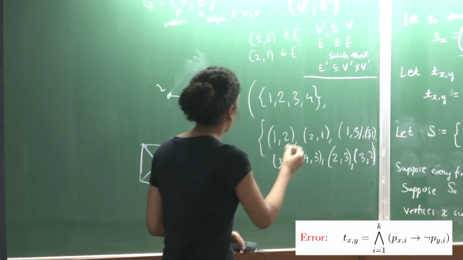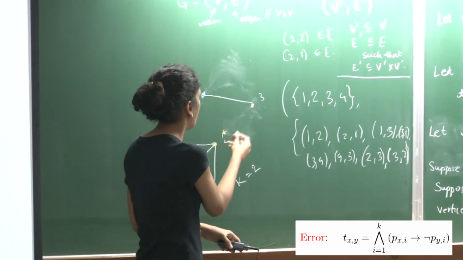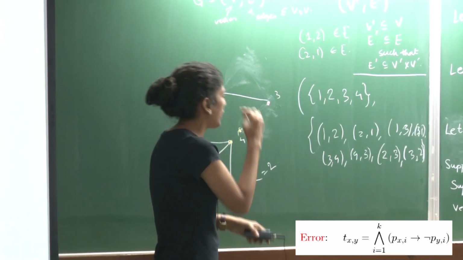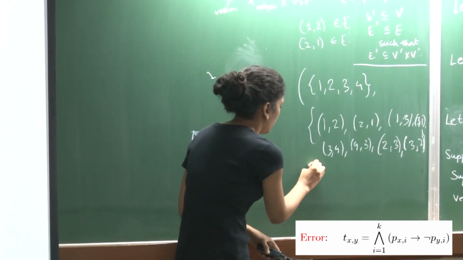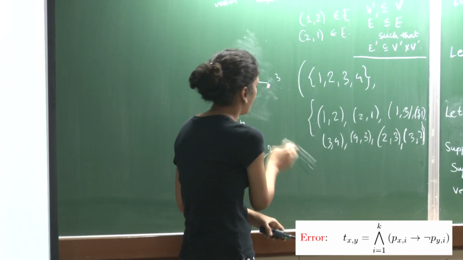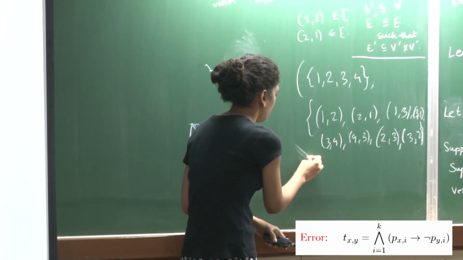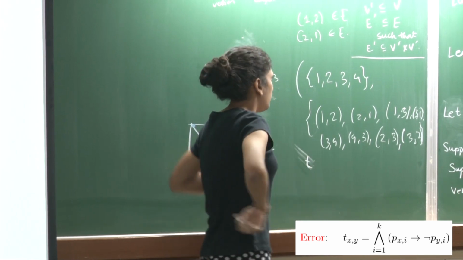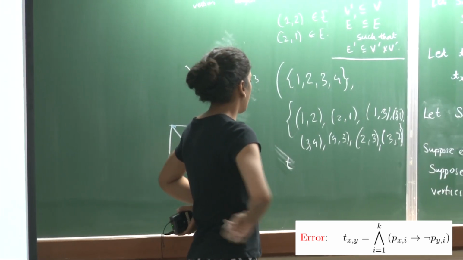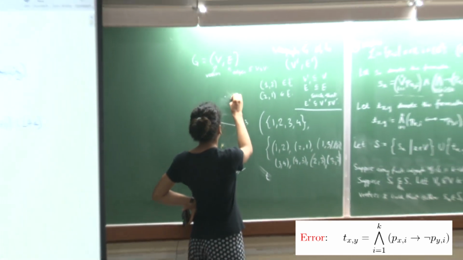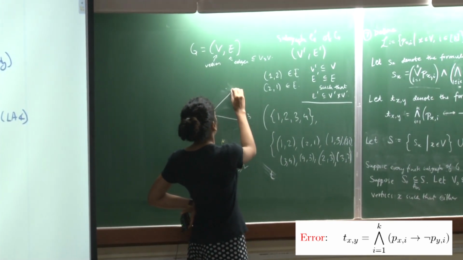Exactly. So maybe you have this subgraph, maybe you have your T corresponding to this graph. Suppose our graph is this, and then we also have these other things.